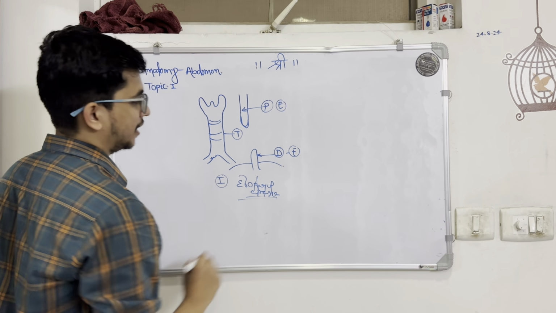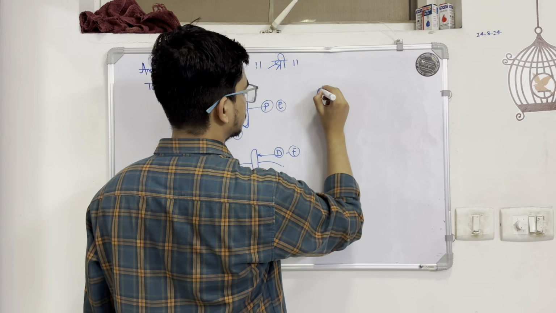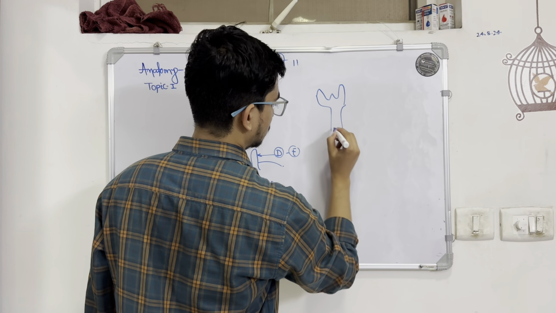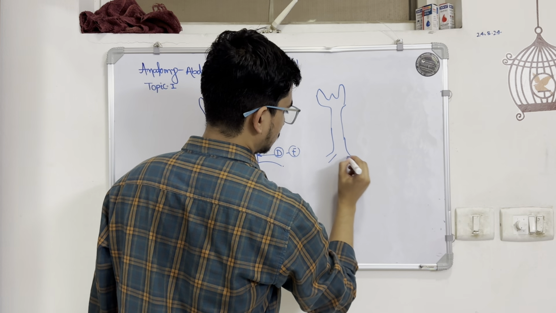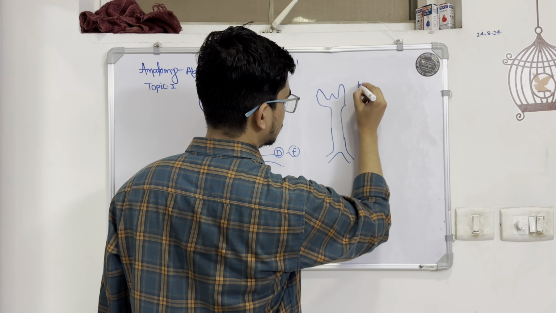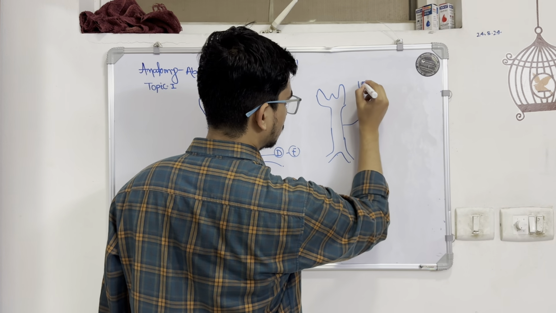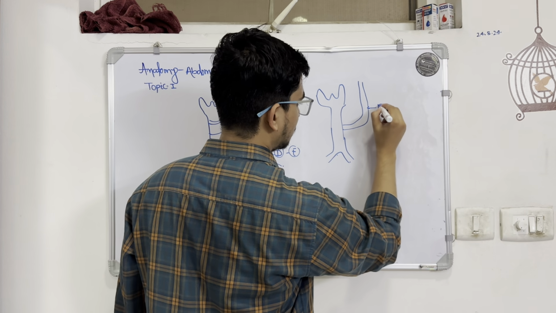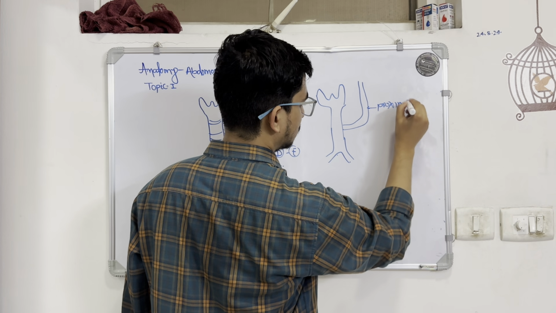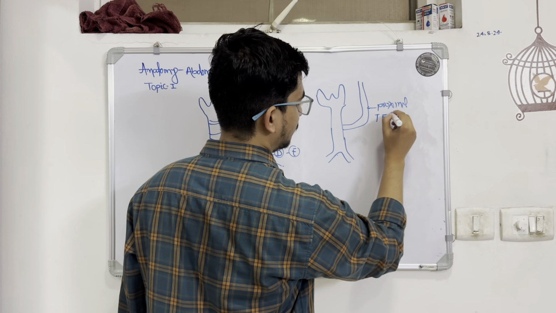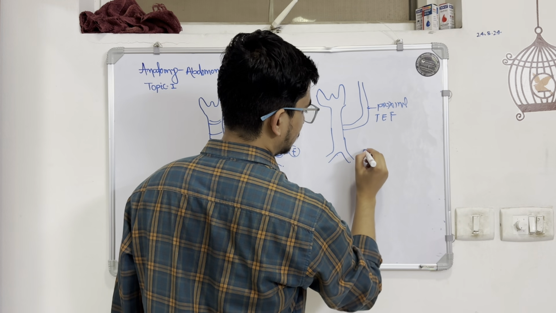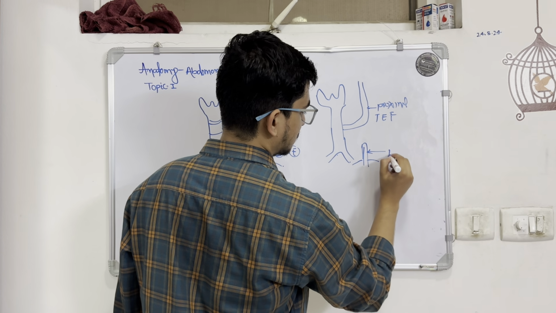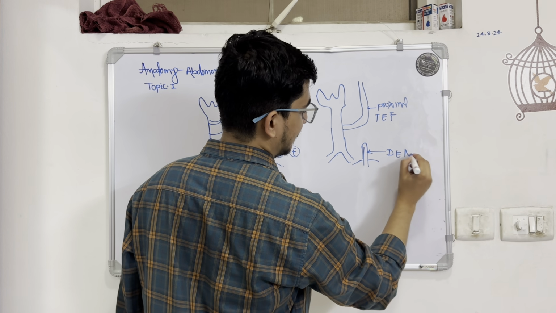Now coming to the second type, trachea. There is formation of a proximal tracheo-esophageal fistula and distal esophageal atresia.